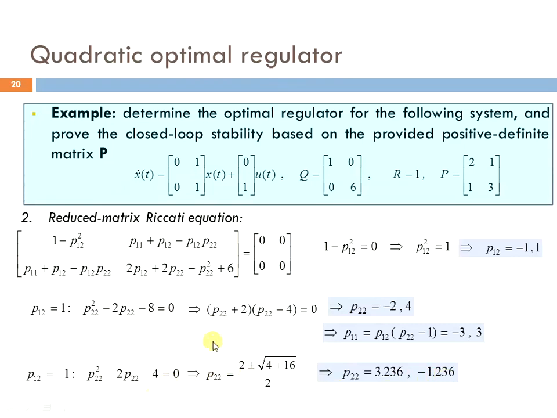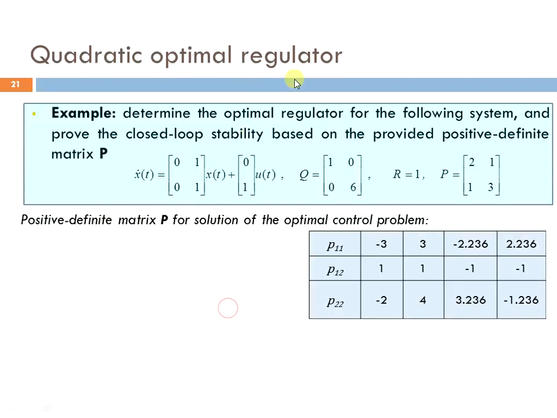Then again, using this element, we can find the value of P11 to be respectively -2.236 and +2.236. This is tabulated for us here to present it in a more convenient form.